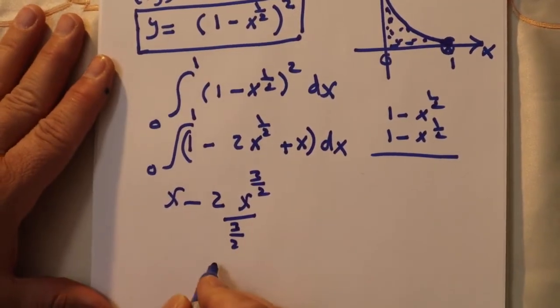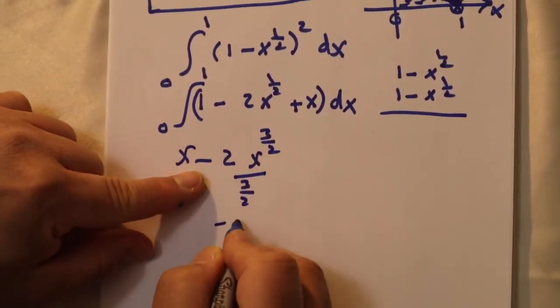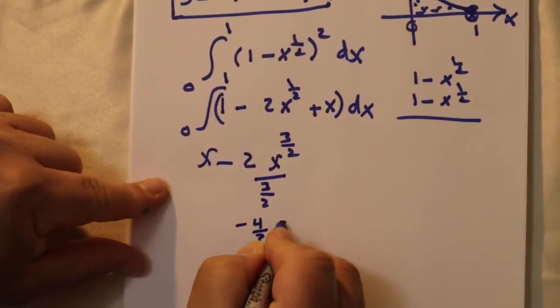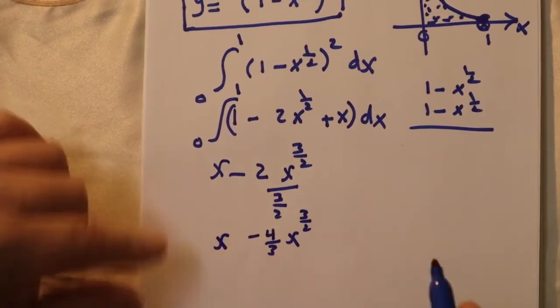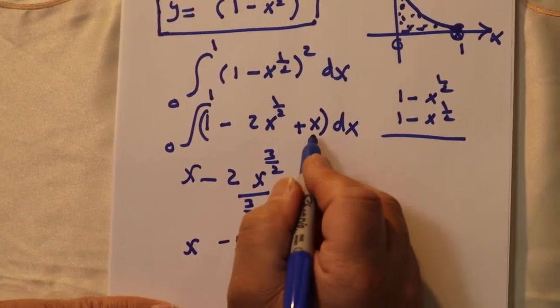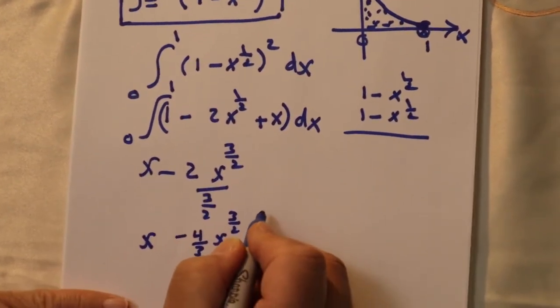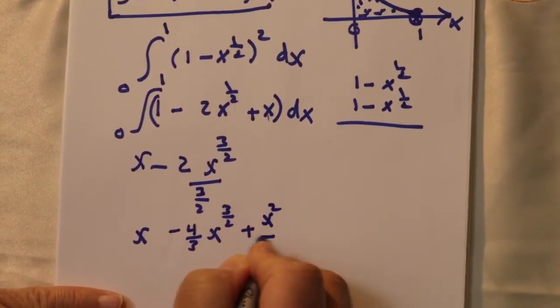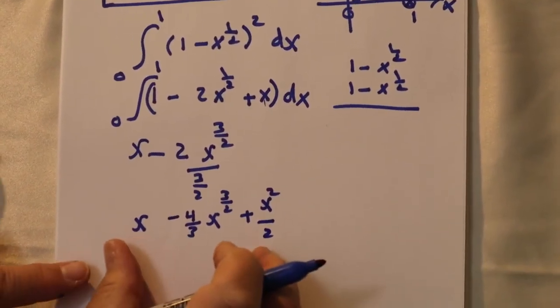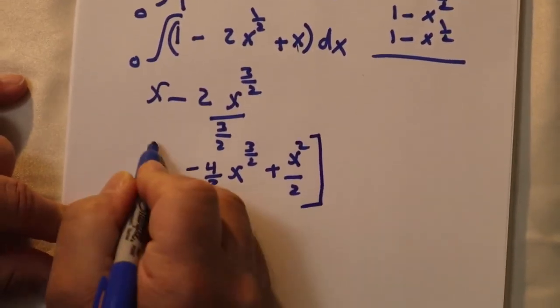Then this will be negative 2 over 3 times 2, which is 4 over 3, x exponent 3 over 2. And keep x. Now we're going to look at the integral of x. The integral of x is easy, and it will be x squared over 2. So this is the integral result, and now we need to evaluate the function.